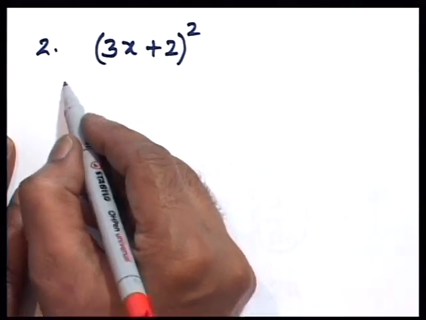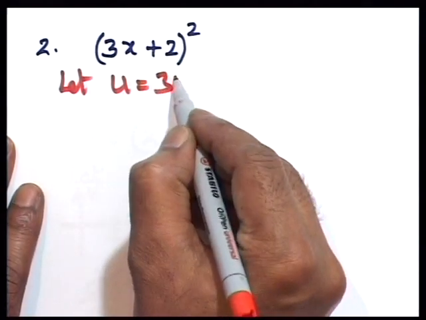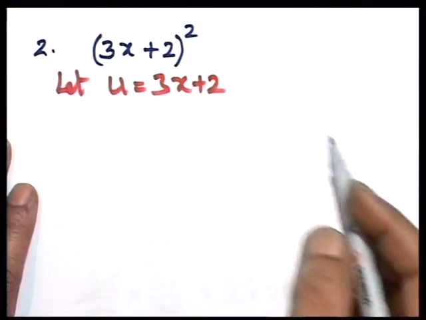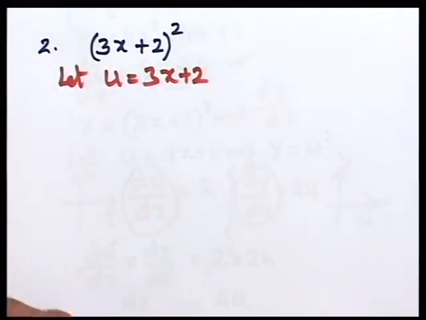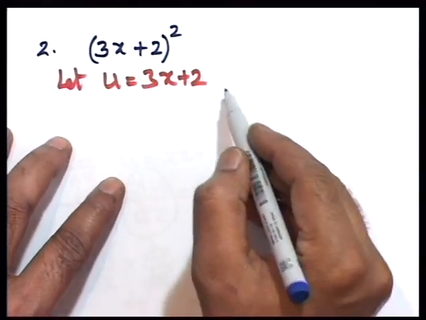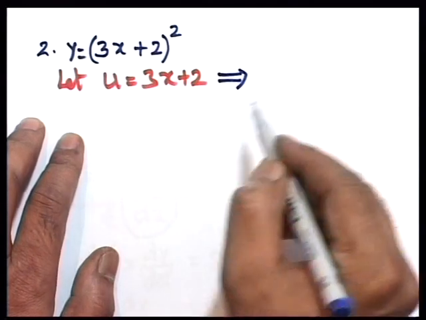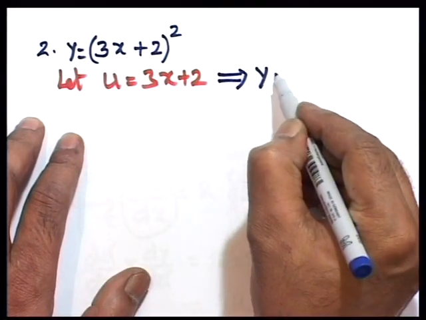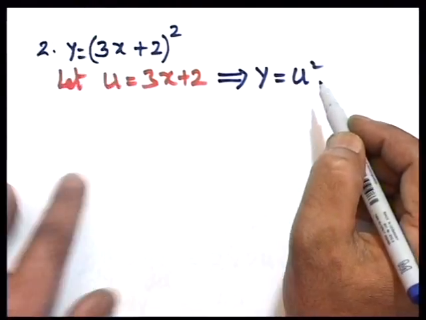What we do first is say let u = 3x + 2. Once you do that, the question now changes. This is y, so y equals u squared.